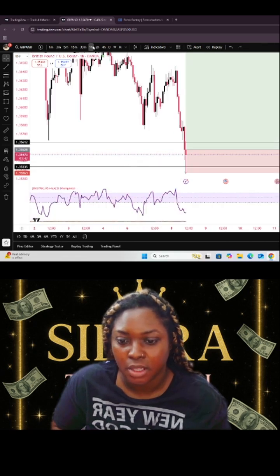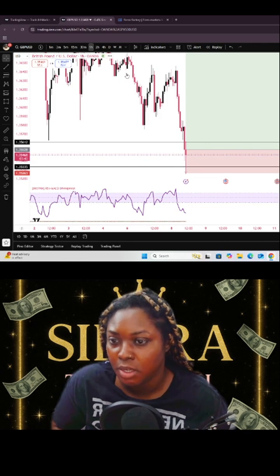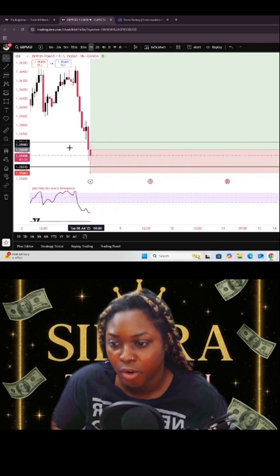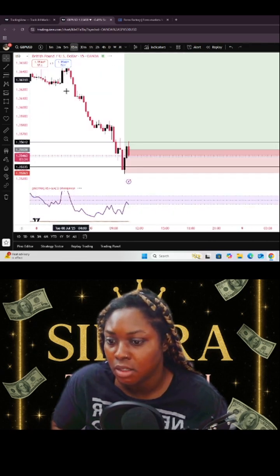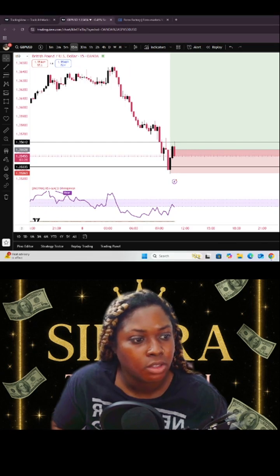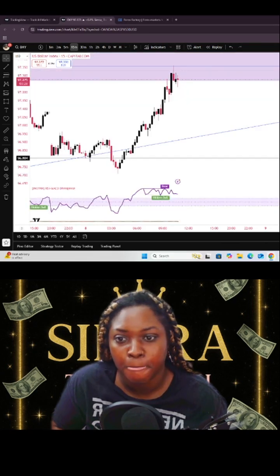We got 3 minutes left on this hourly candle on GBP USD. I would prefer for it to end at the top of the candle, but it looks like it's rejecting to this area here. Let's check our dollar real quick. Okay.